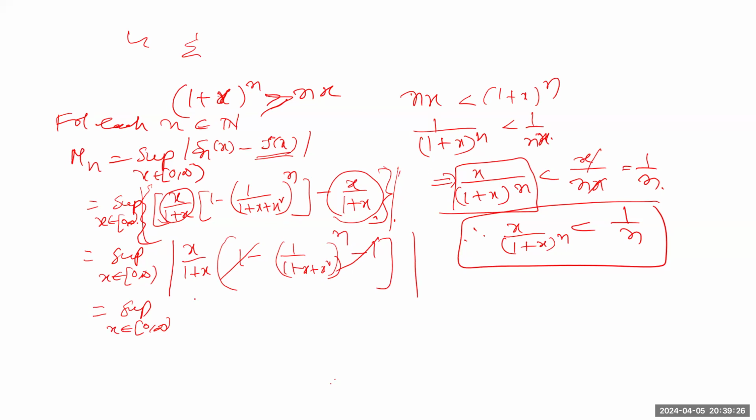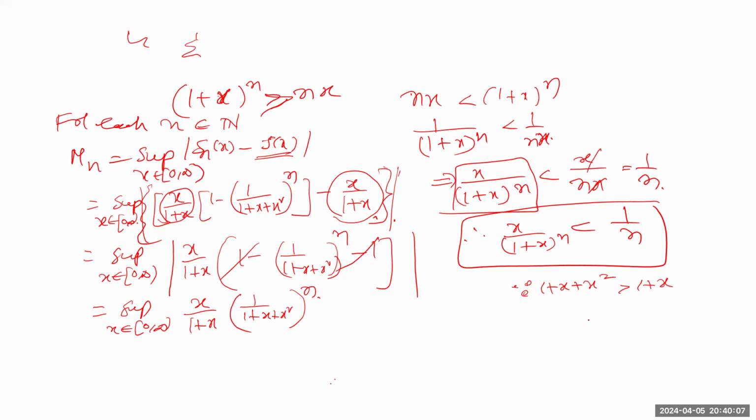So then you will get x over 1 plus x times 1 over 1 plus x square to the power of n. What I need is to link this with the 1 plus x. Since 1 plus x square is greater than 1 plus x, any doubt?